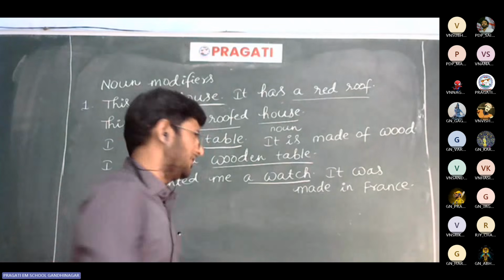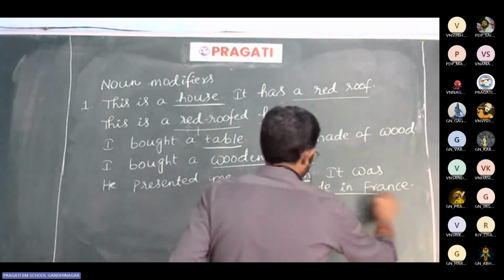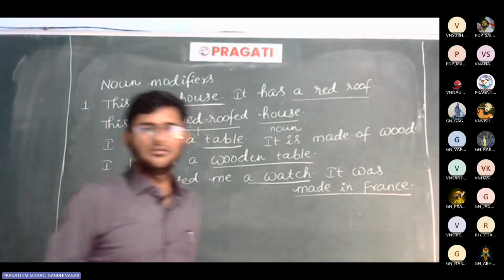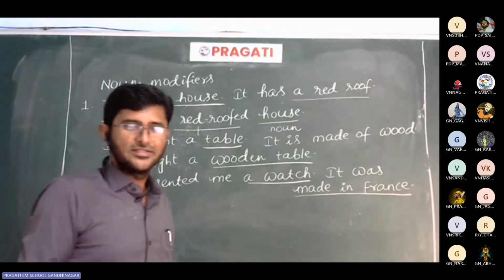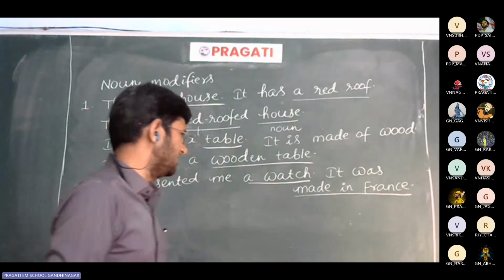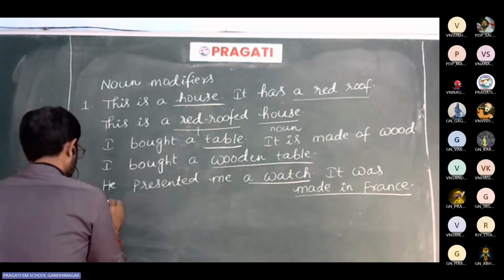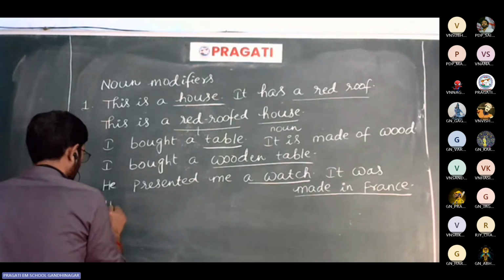Okay, it was made in France and you have to replace this made in France with something which acts as an adjective and modifies this watch. So how can we join these two sentences?